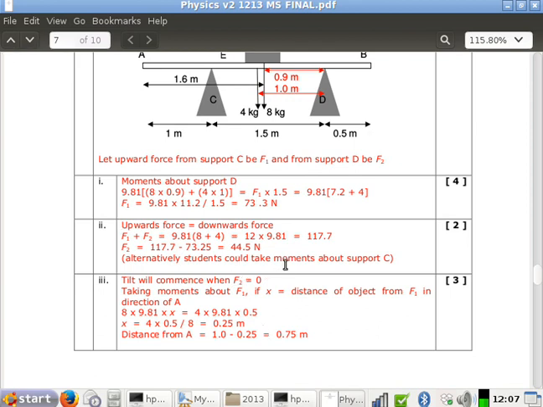By the way, they said alternatively students could take moments about support C. That's exactly what I did. I think in their answer here, they took it from A, or maybe they took it from D. Either way, you have A or C as the two places I'd use.